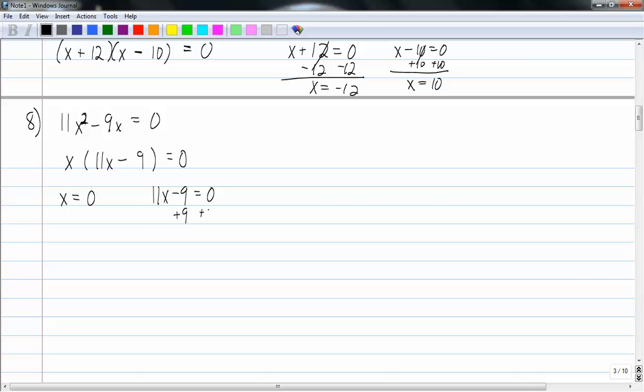So add 9 to both sides. 11x equals 9. Divide both sides by 11. So x equals 9/11. So our two answers are x equals 0 and x equals 9/11. And so that is C.